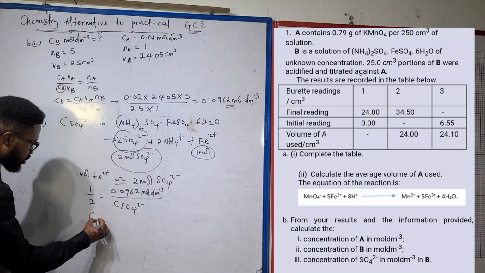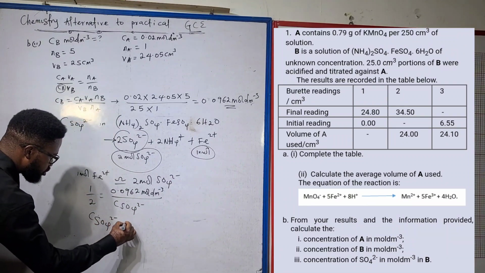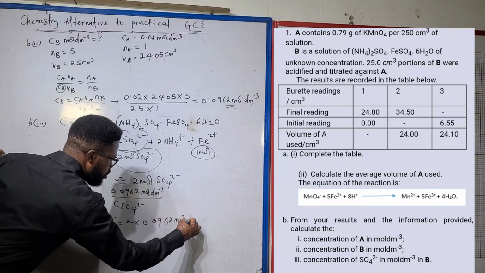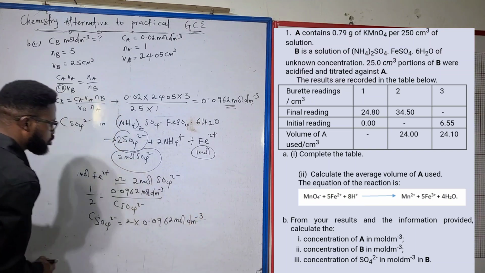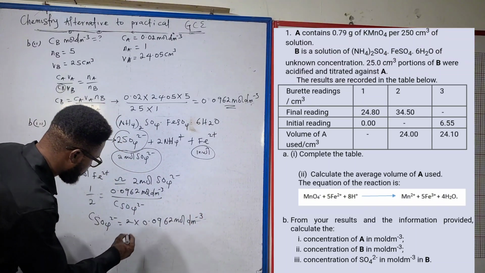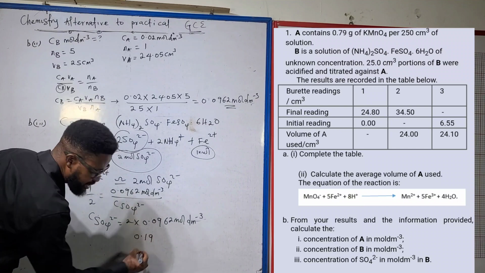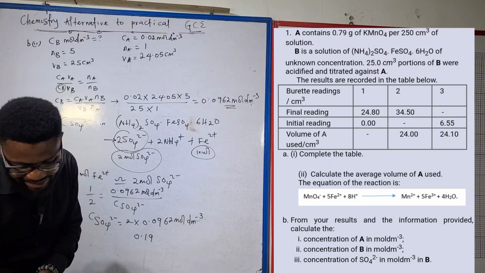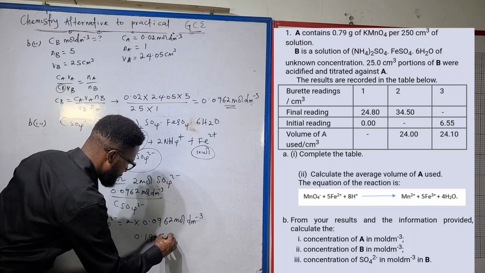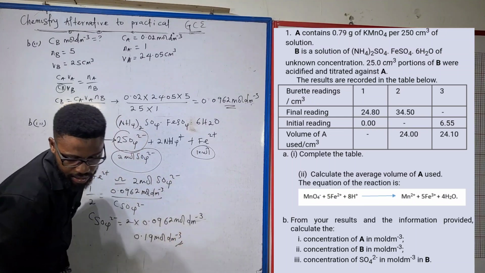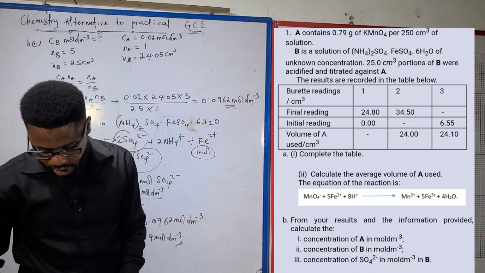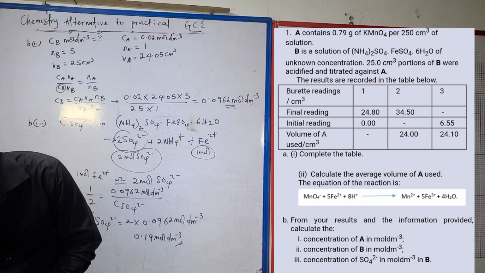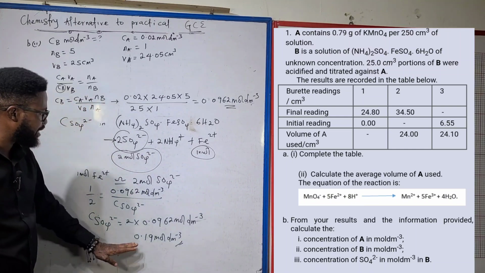So the concentration of my sulfate ion is going to be 2 times 0.0962 mole per dm cube. If I compute this, this is going to mean approximately 0.19 mole per dm cube. That is for B3. We've been able to deal with that.